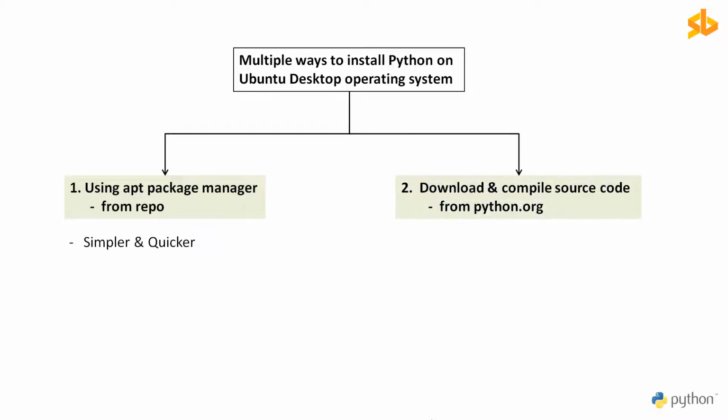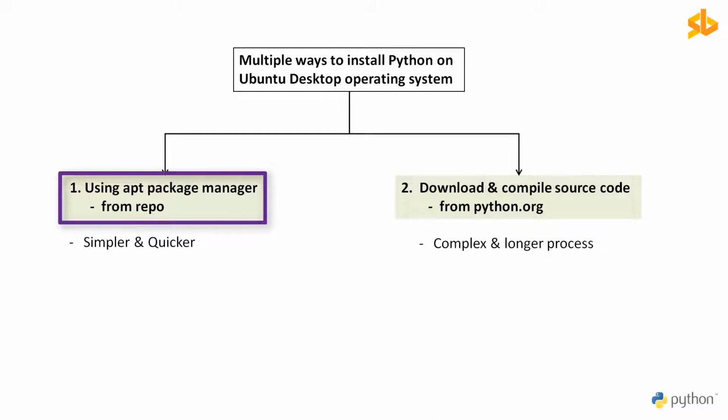The second method is to download the source code of the Python version we want from its official website, python.org, and then compile it in our system. It's slightly more complex and involves more steps than the first method. But with this method, we can get the latest bleeding edge Python version if we want, including the pre-release versions.